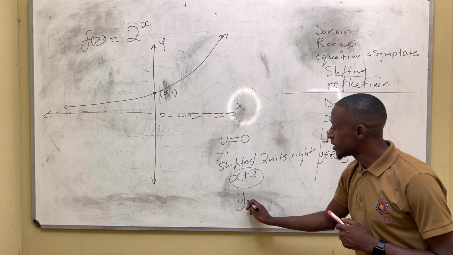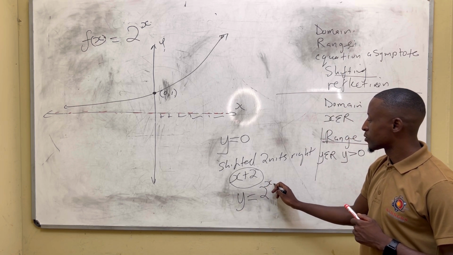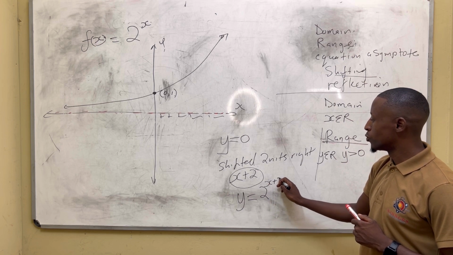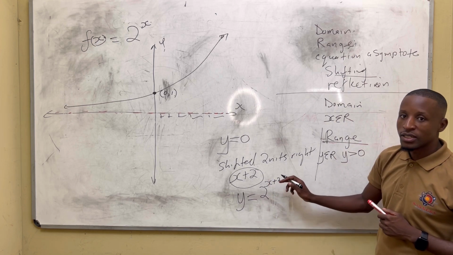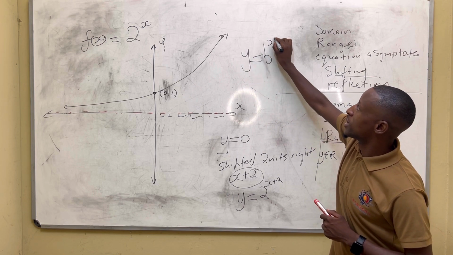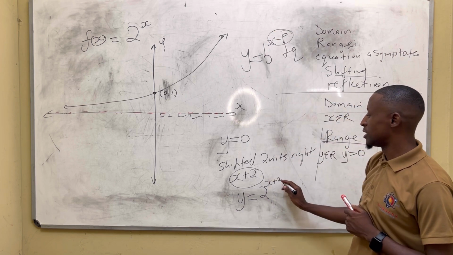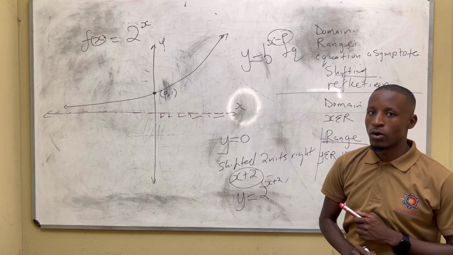So it's now going to be x plus 2. Do you see what I was talking about at the beginning? Remember, I spoke about b exponent x plus q, here negative p. This represents the shifting, which is what is happening now.